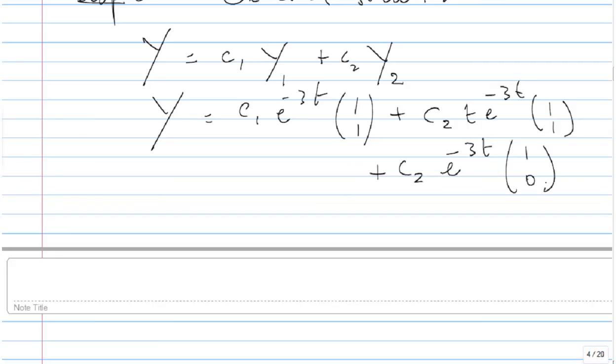Next, step number 5, we want to look for the specific solution to our IVP.